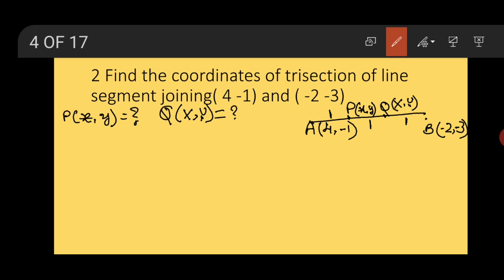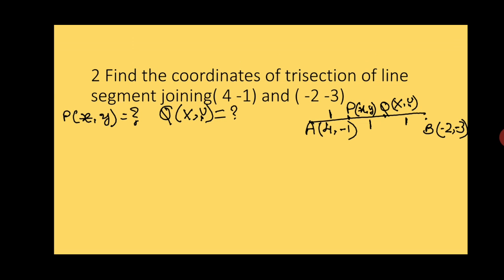Now we know AP is equal to 1, PQ also 1 and QB also 1, so it is divided equally into 3 parts. Now imagine if Q is not here, only P is the point on line segment AB.